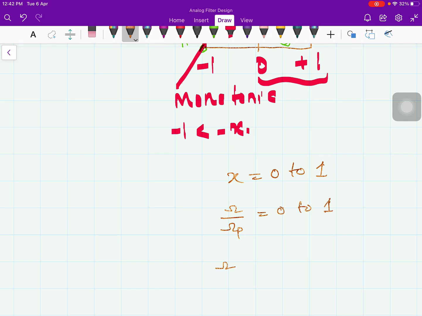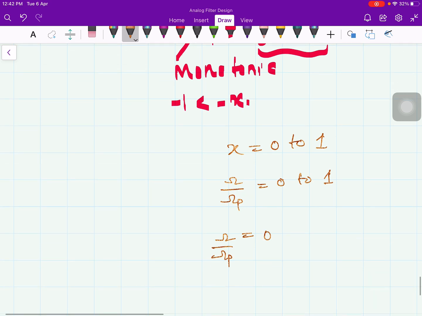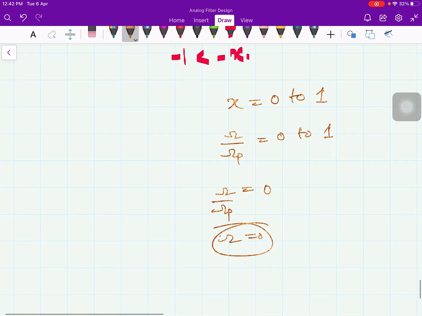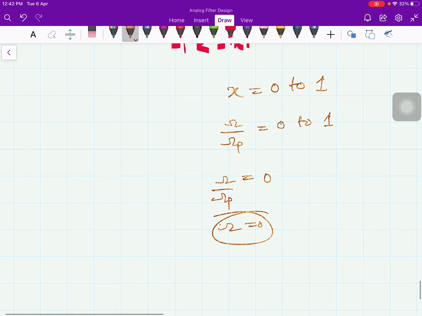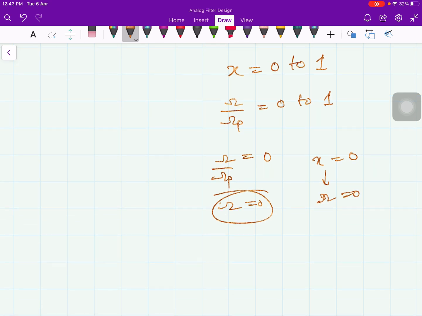When omega by omega p is equal to 0, it implies omega is equal to 0. So x equal to 0 corresponds to omega equal to 0, which means DC value.